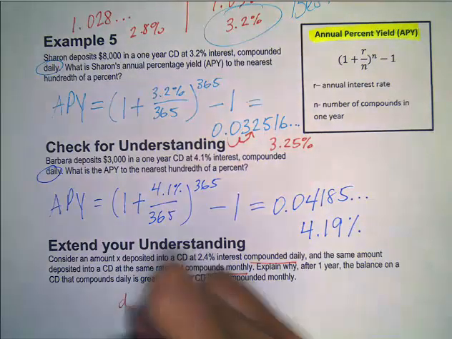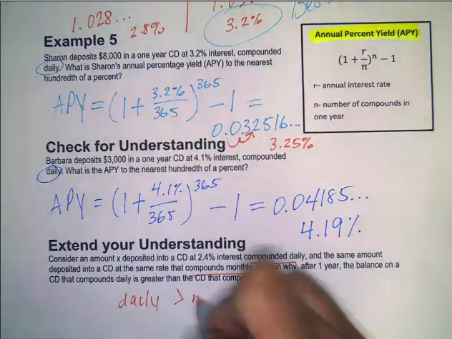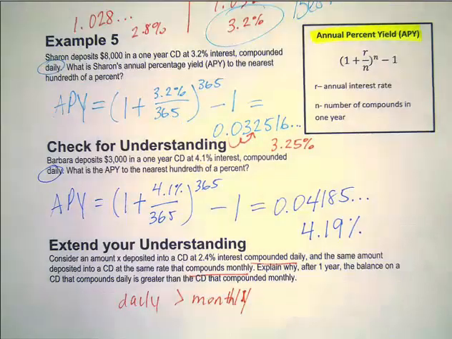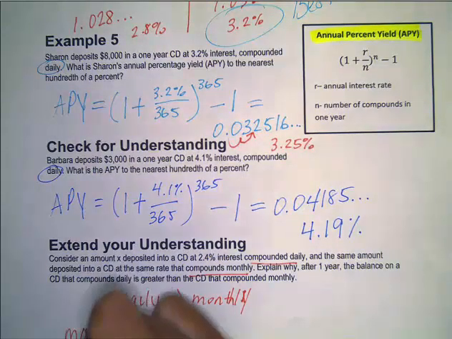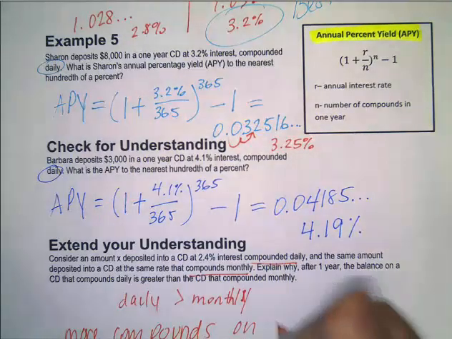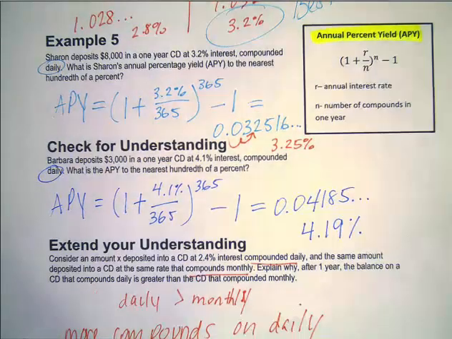So why is daily greater than monthly? And we talked about it above in the extend your understanding. Because you have more compounds, you're earning money on your money.